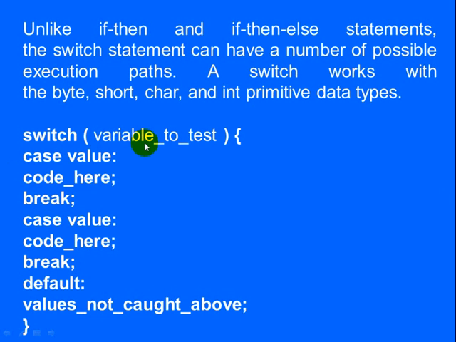If this condition is true, meaning the value of the variable which is being tested is equal to this value, then this code is executed, and the break statement causes the control to be transferred out of the switch statement.